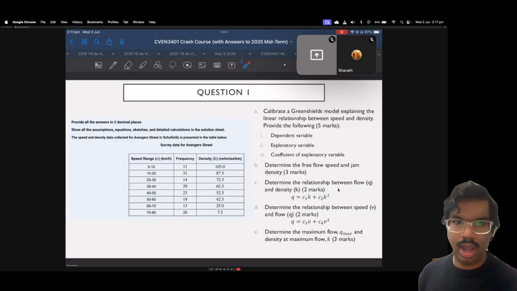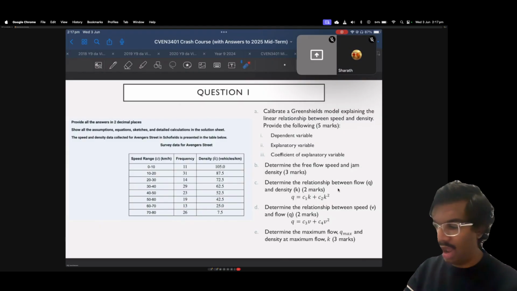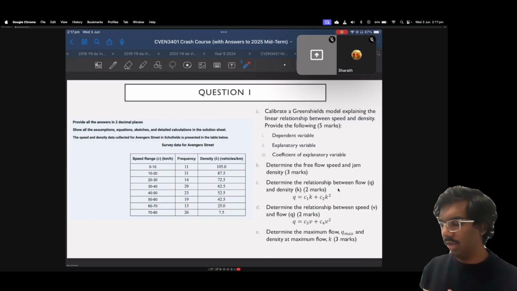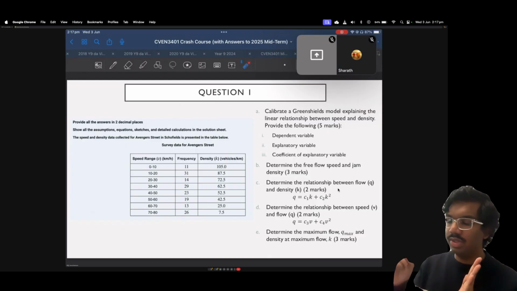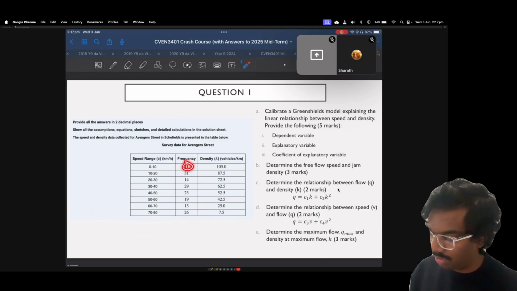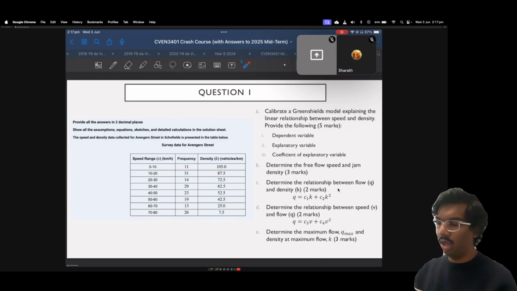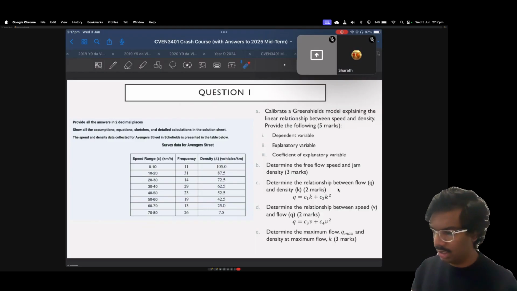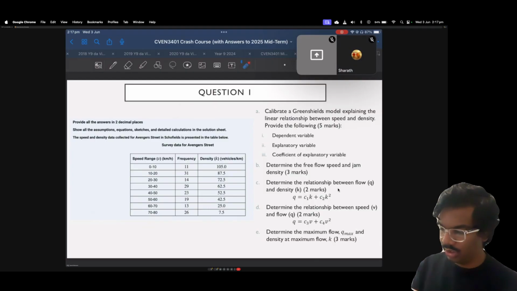For example, when the vehicles are going between 0 and 10 kilometers an hour, there are 11 of them doing that, and the density is 105 vehicles per kilometer. For 10 to 20, there are 31 vehicles going at that speed, and the density is 87.5.